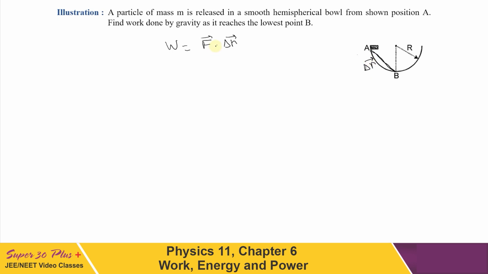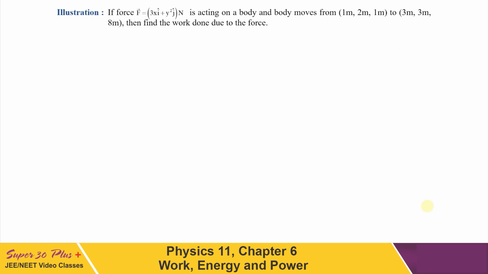But since it is a dot product here, it can be written as F, which is mg, multiplied with displacement in direction of mg, which is this displacement. It is equal to R. So directly we can write work done by gravity in this case to be equal to mgR. It's a positive sign here because force of gravity and displacement are both in the same direction, which is vertically downward.